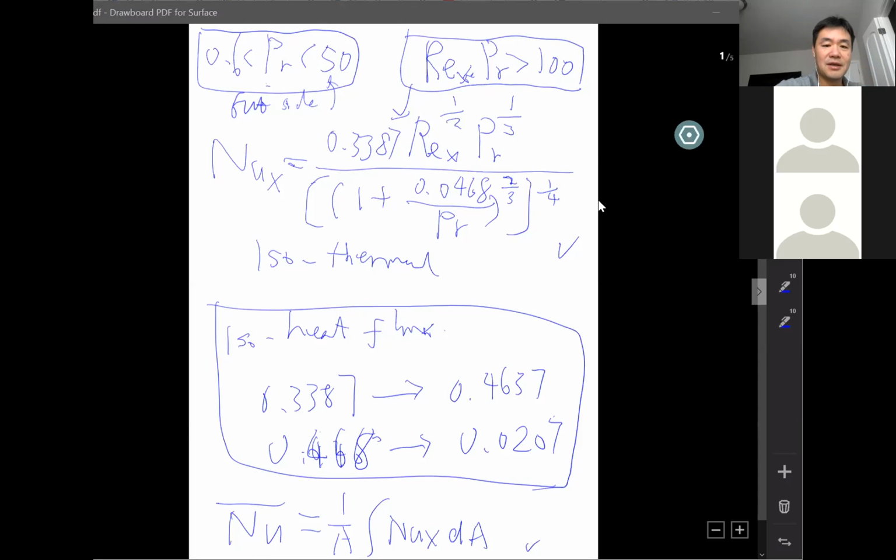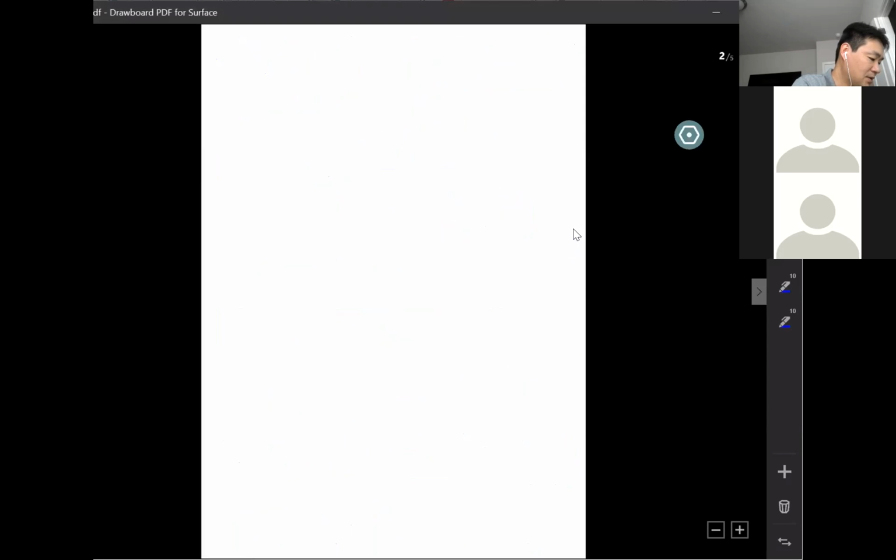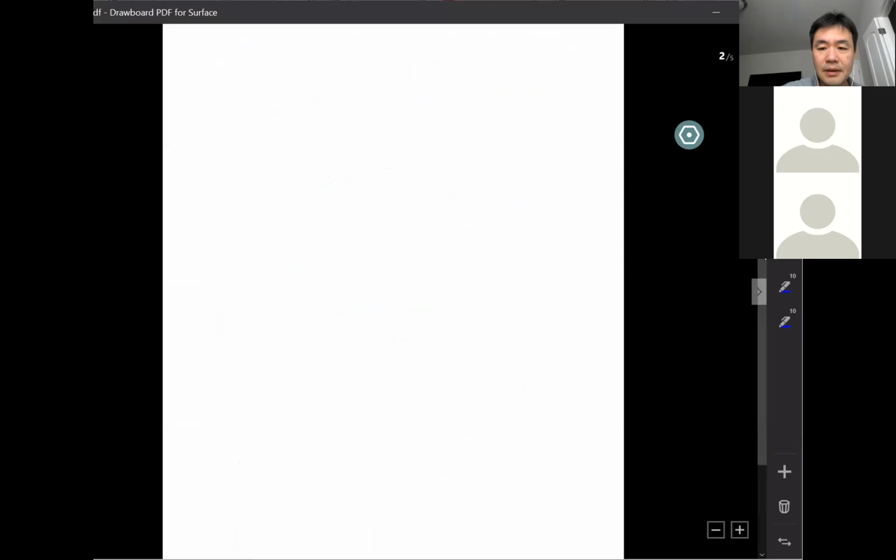So you have many equations for the same Nusselt number, so you have to know what you need for a particular problem. Let's look at example 5.5, a flat plate with constant heat flux condition. So what is the problem?